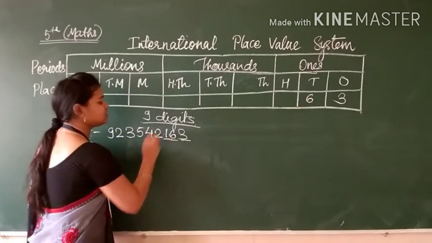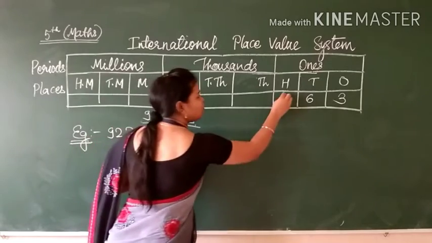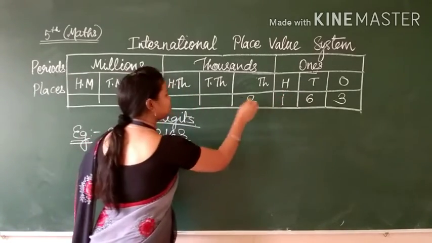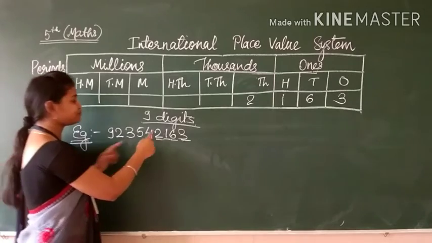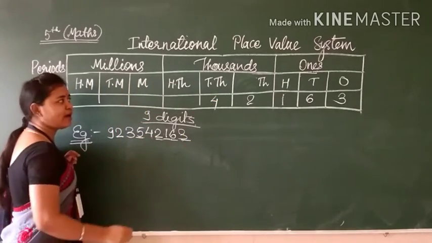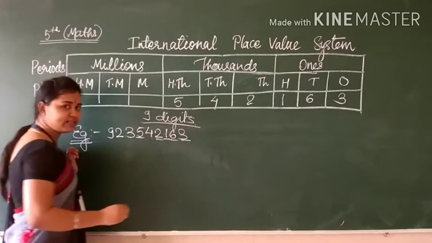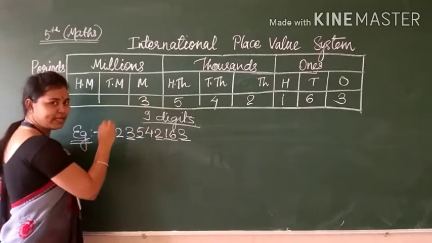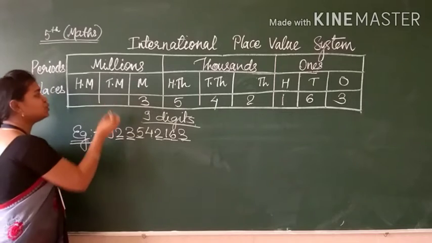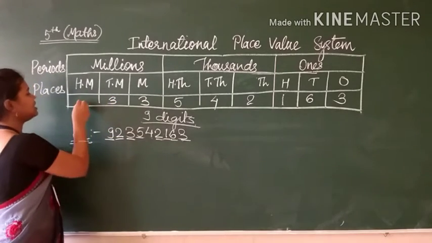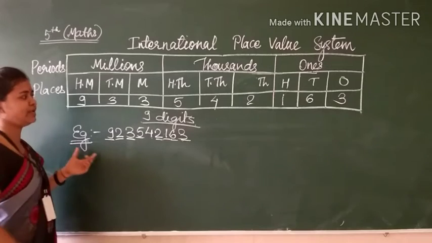Then the third digit goes in the hundreds place, then the next in the thousands place, then 4 in the 10,000 place, then 5 in the 100,000 place, then 3 in the millions place, then 2 in the 10 millions place, and then 9 in the 100 millions place.